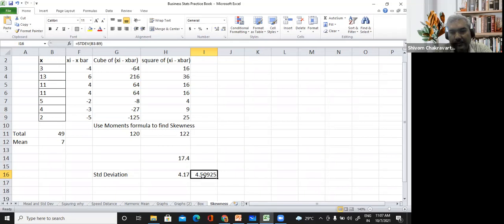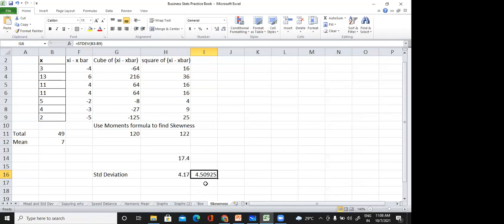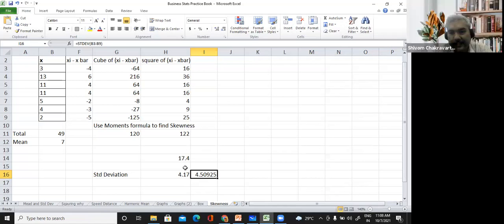Okay. So yes, it has taken account of the number of degrees of freedom. That we need not consider right now. What Excel has done is, while calculating this, rather than 7, it has divided by 6 and taken the standard deviation of that. So accounting for degrees of freedom, which maybe we'll discuss sometime in your masters.